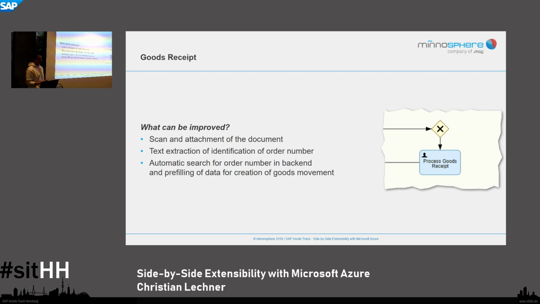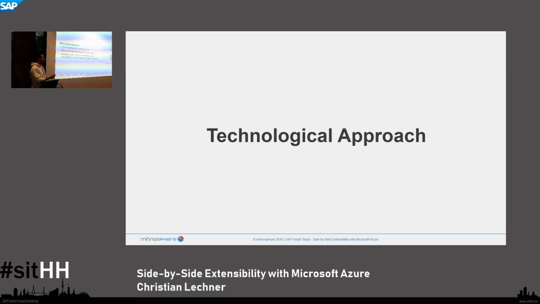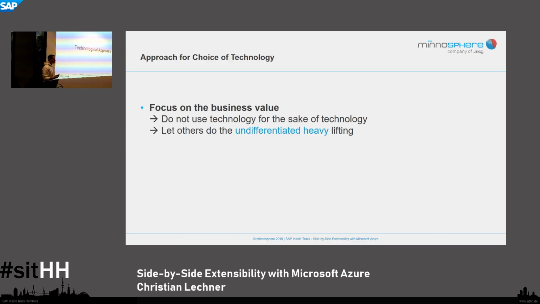Now the question is, how do we approach that from a technological perspective? And there are two points. It's an SAP Inside Track, so I guess most of the folks here are developers or have a technical background. Am I right? That's something that we should keep in our mind. When we deliver a solution, do not use technology for the sake of technology.